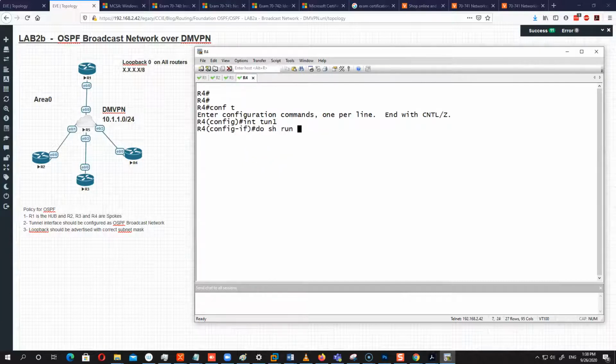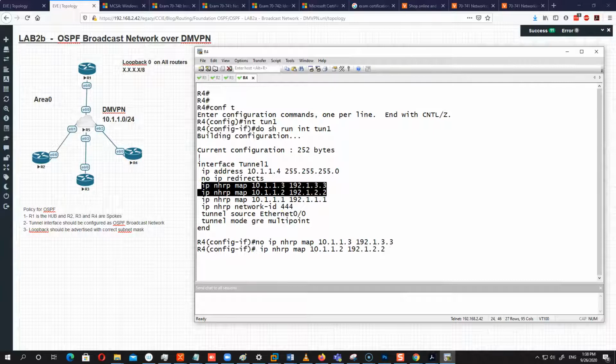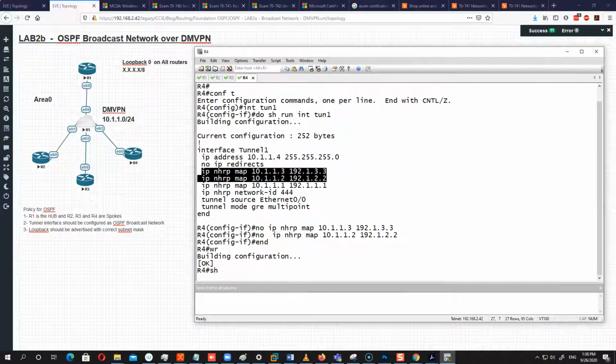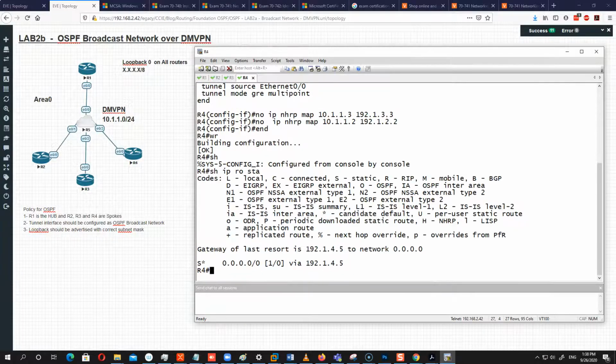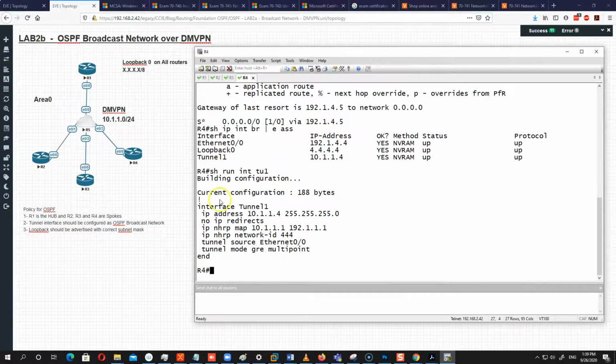Let me just remove it first. There we go. Now if we look at the static route, we have one default static route, and if you look at the interfaces, we have 3 interfaces, and in the running configuration of the tunnel, we have only one entry there as well.